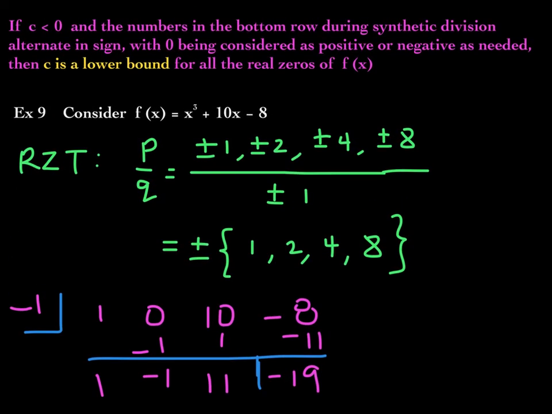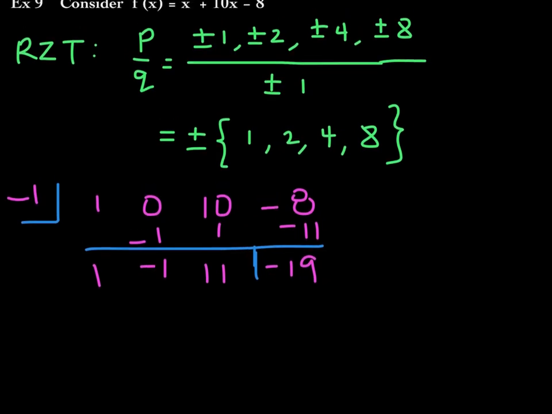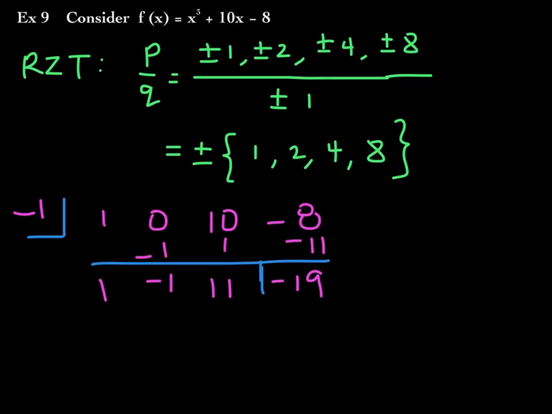Here it is. If C is negative, which in this case it is, and the numbers in the bottom row during synthetic division alternate in sign, with 0 being considered as positive or negative as needed. We don't have a 0 down here, so we don't have to worry about that. Then C is a lower bound. So what we just determined is that negative 1 is a lower bound for the zeros of our function.